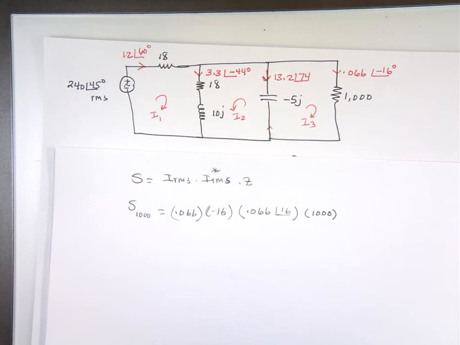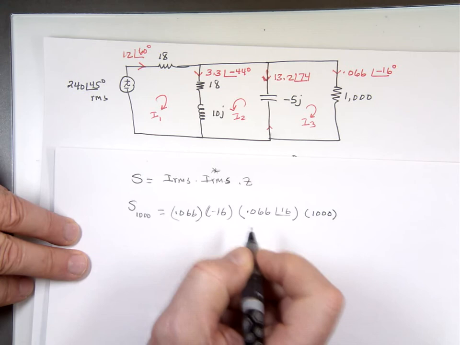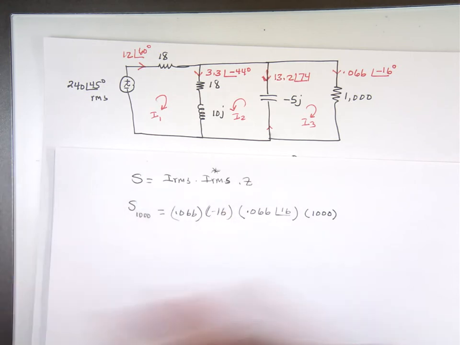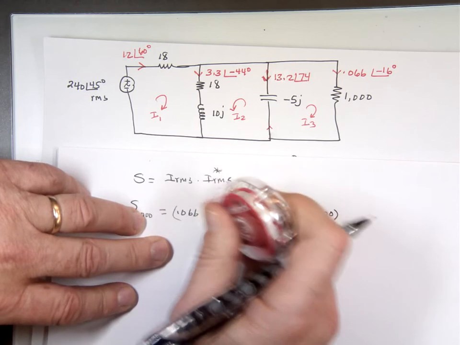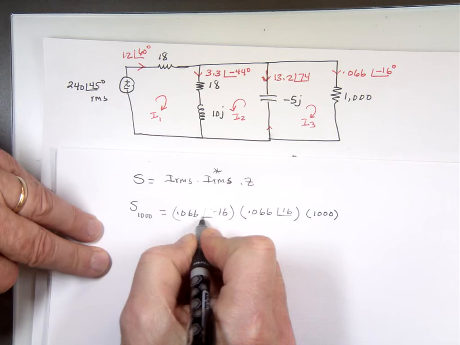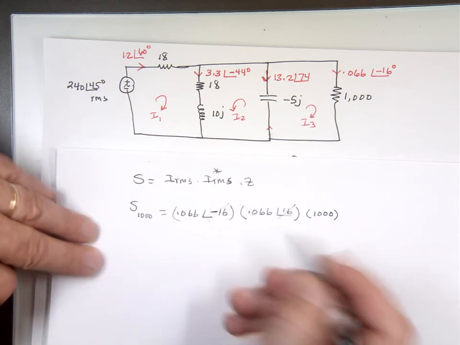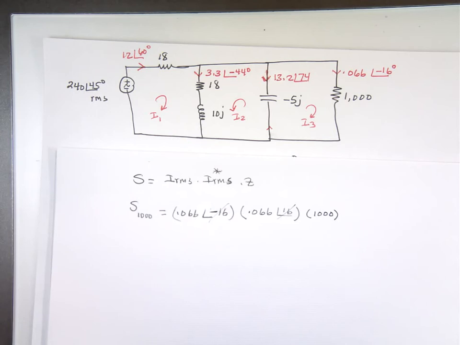And what you're going to notice about the negative 16, that's angle, not times. It looks like a times here. That negative 16, that plus 16, they cancel each other out. You'll see that.